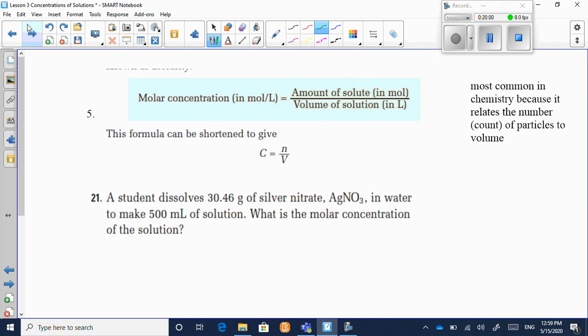Okay, the last one, and this is the one that I said you're going to be using the most. I've written here that it's the most common in chemistry because it relates the number or count of particles to volume. And sure enough, you can see that this is using our little n.